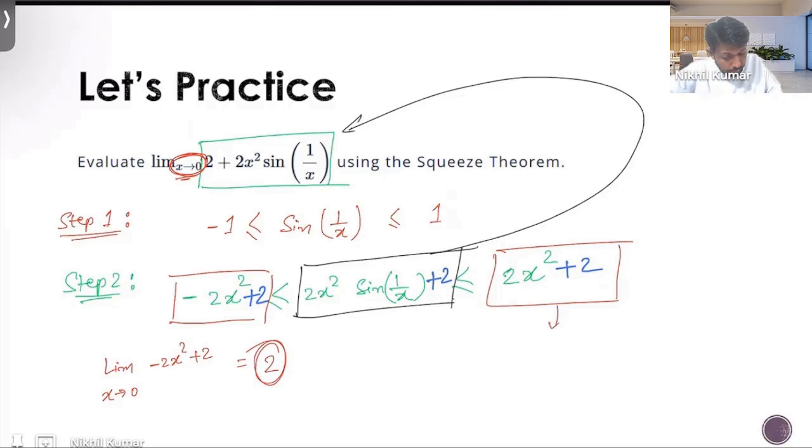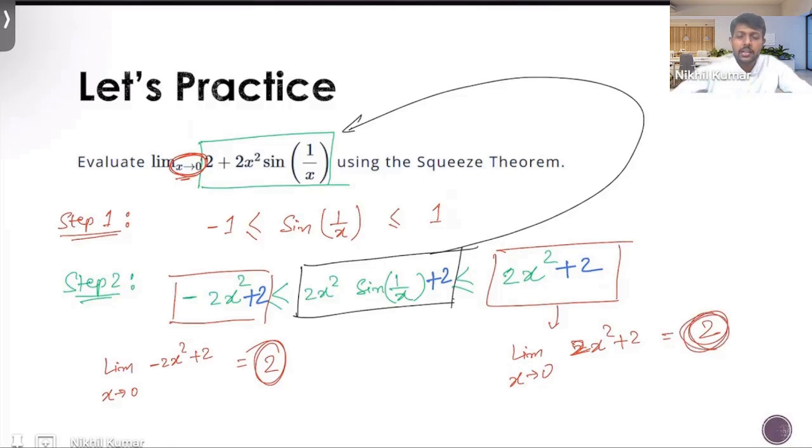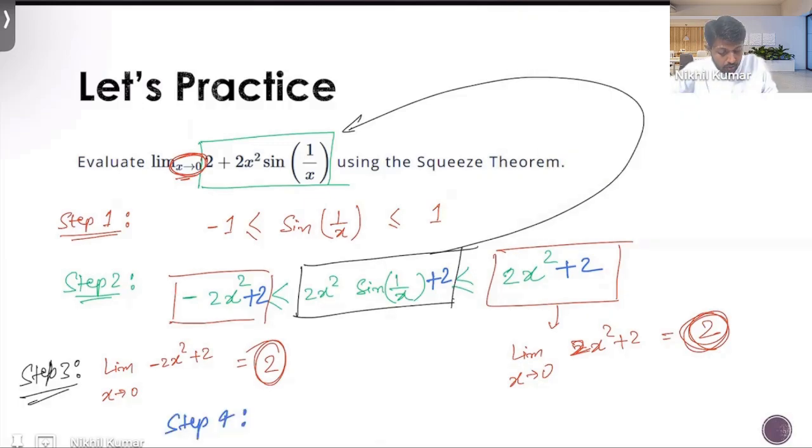Now let's look at the limit of this quantity, this function. Limit x tending 0, 2x squared plus 2. Just put the value of x, use direct substitution, you'll again find this is the answer. So step 4 and the final step is, you say, using the sandwich theorem or the squeeze theorem, whichever name you prefer.